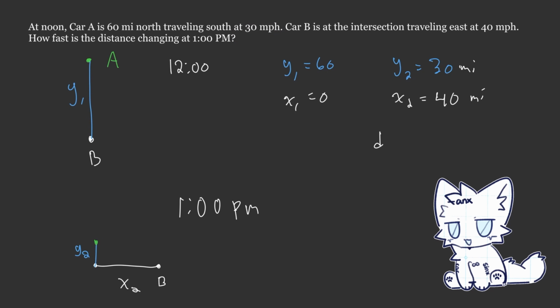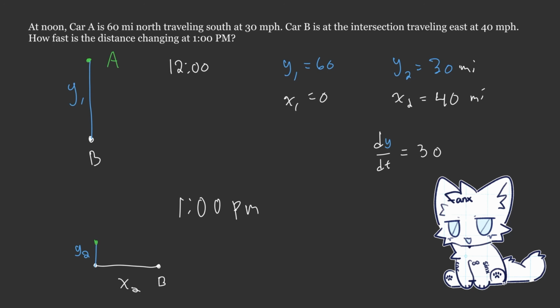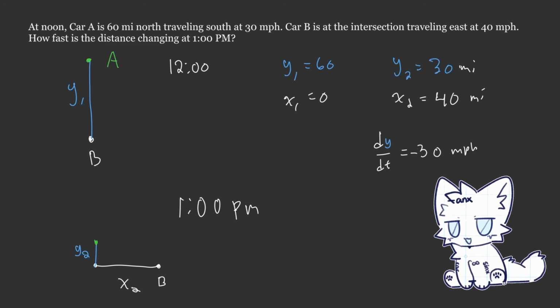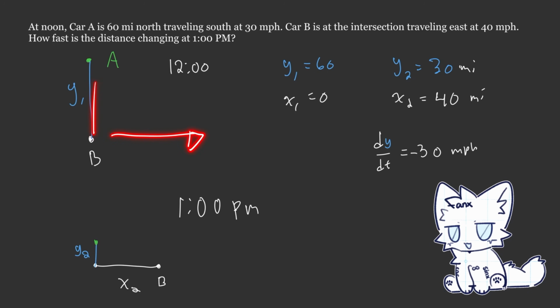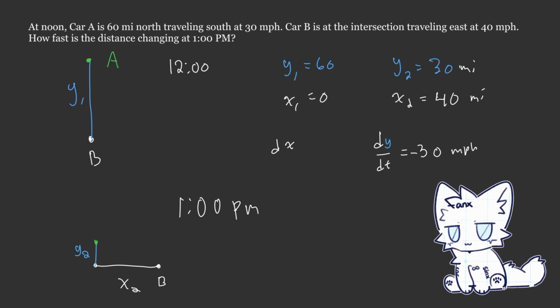So dy with respect to time, let's make that blue, that is equal to negative 30 miles per hour, because let's define right positive, up positive, and down negative, left negative. And dx dt is equal to 40 miles per hour in the positive direction.